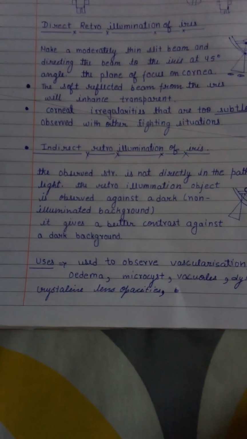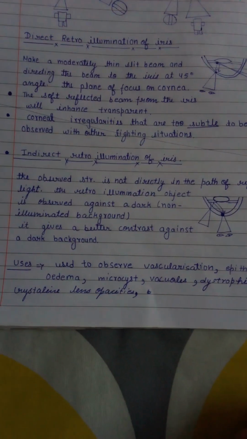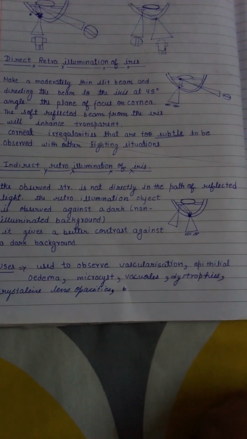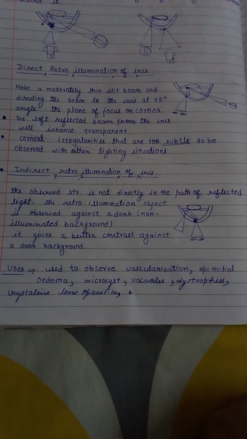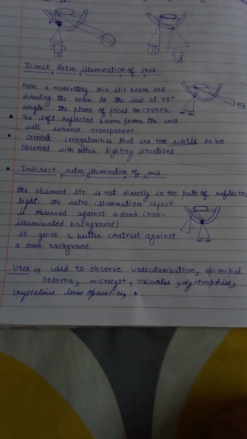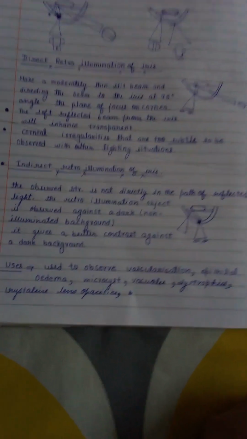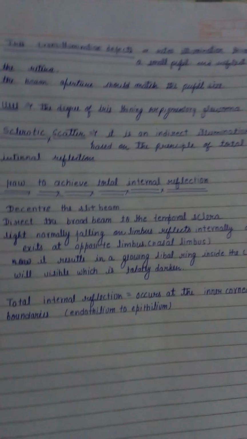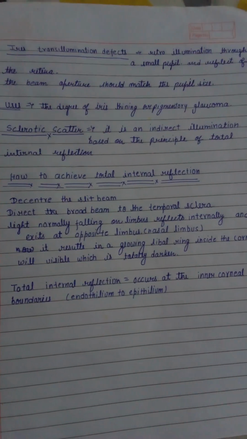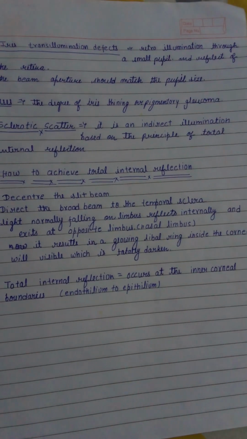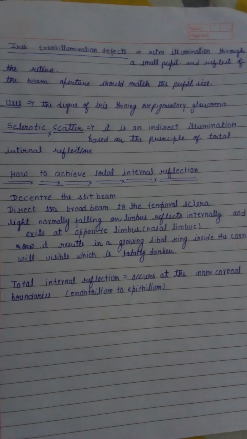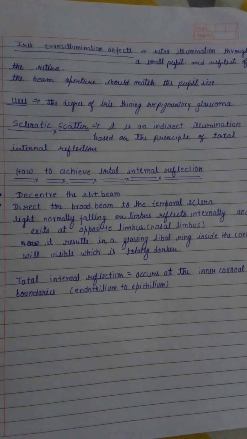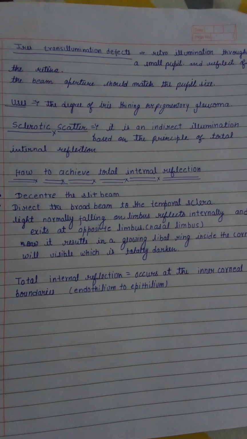Indirect retroillumination of the iris is used to observe vascularization, epithelial edema, microcysts, vacuoles, dystrophies, crystalline lens opacities, etc. Now we will discuss iris transillumination defects. This is retroillumination through a small pupil and reflection off the retina. The beam aperture should match the pupil size.